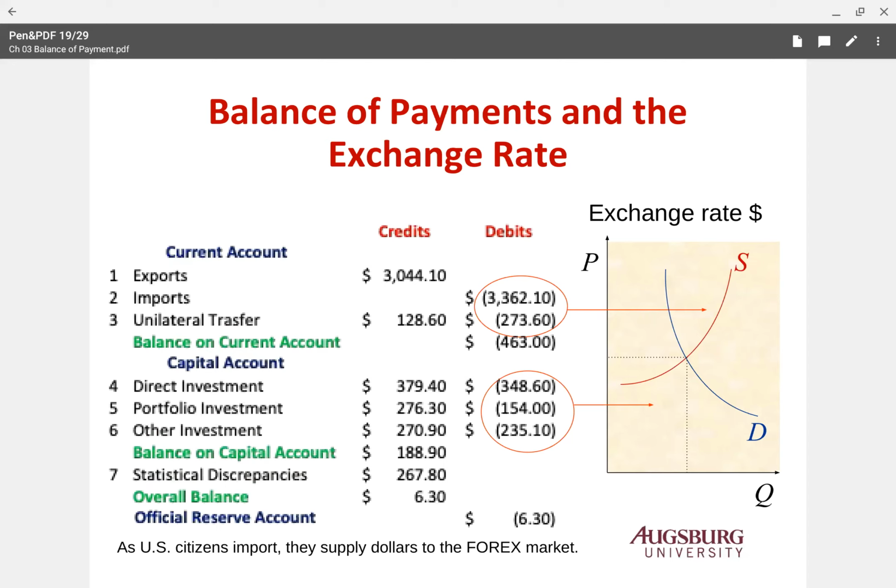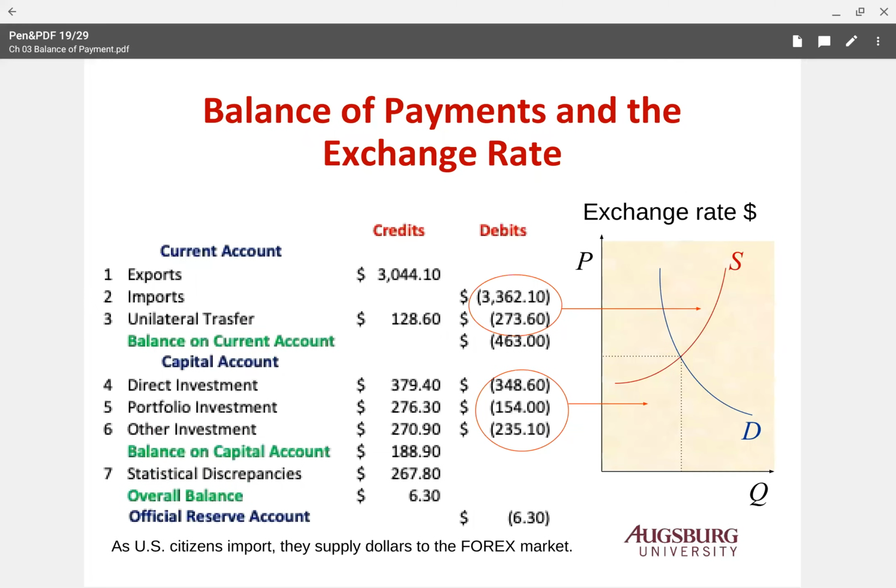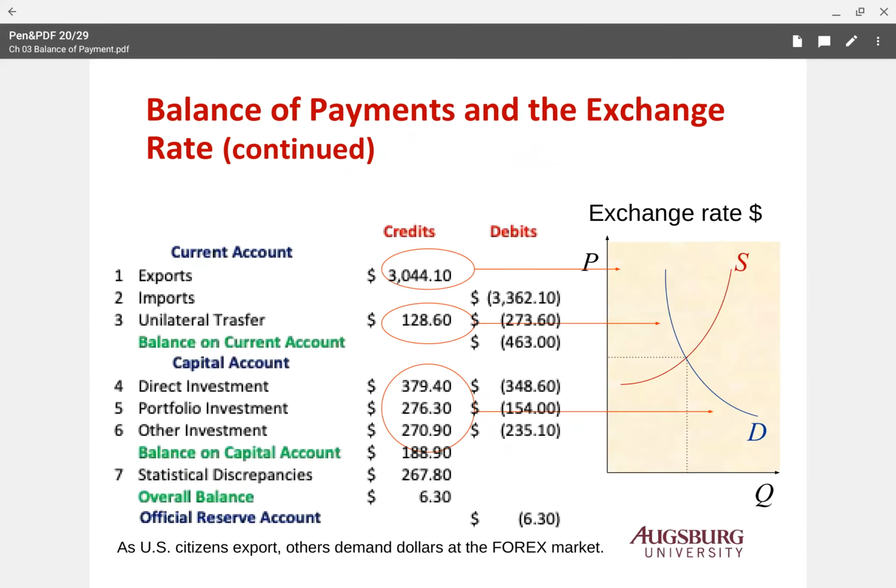There's a supply curve from imports, unilateral transfers, direct investment, portfolio investment, and other investment. And the next one, the demand curve, comes from the credits: exports, unilateral transfers, and direct, portfolio and other investment.